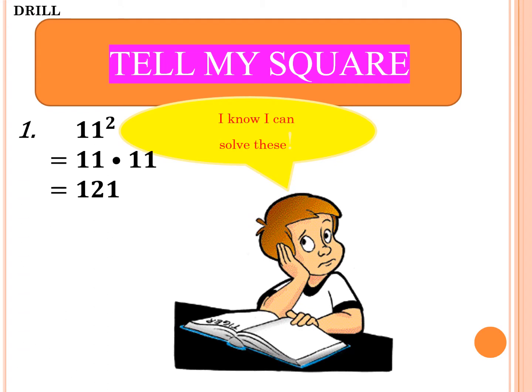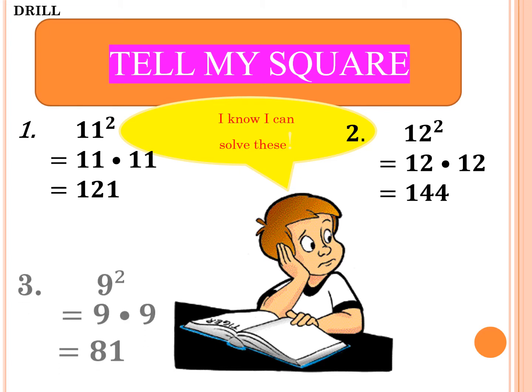Okay, number 1. 11 squared is 11 times 11, multiplying by itself, and the answer is 121. How about number 2? 12 squared, meaning 12 times 12, is 144.